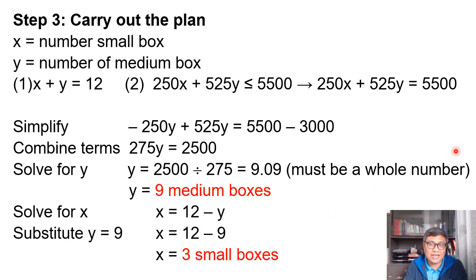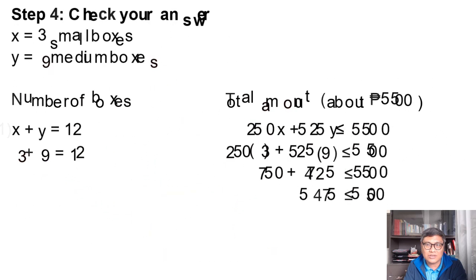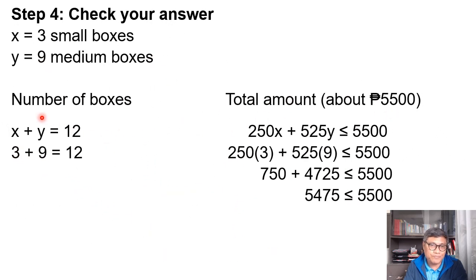Which is the same as our previous solution by trial and error, class. So now we must test whether, if we multiply this by the costs of shipments, it should be less than or equal to 5,500. So 250 times 3 plus 525 times 9 should be less than or equal to 5,500. And yes, it is less than or equal to 5,500.